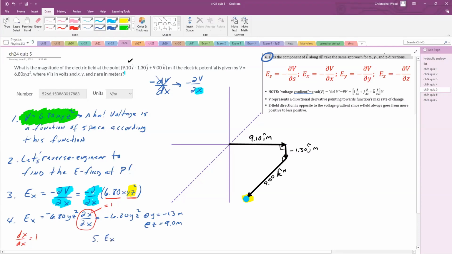The electric field in the x dimension is negative 6.80 times negative 1.3 times 9 squared, or 716.04. Let me double check that.